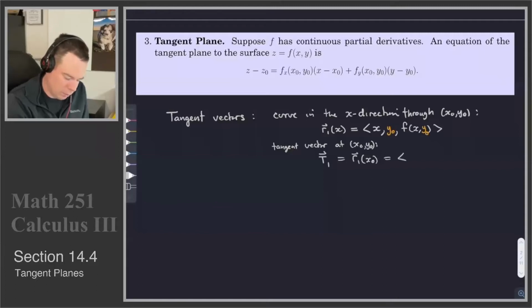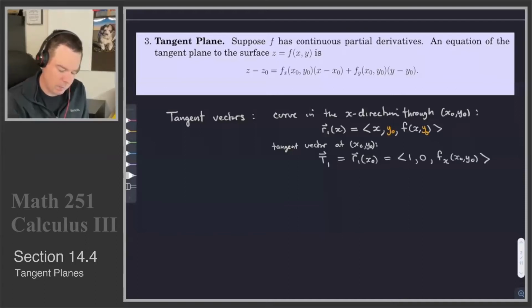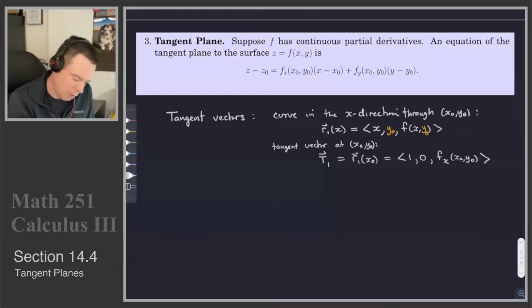And so when I differentiate my R1 vector valued function with respect to the only variable it has, and that's x, I get the first derivative is 1, the second derivative is a constant, and the third derivative is our partial derivative with respect to x, evaluated at x naught, y naught. So that's our tangent vector in the x direction to our surface. And we can do the same thing. So that was essentially step 1.